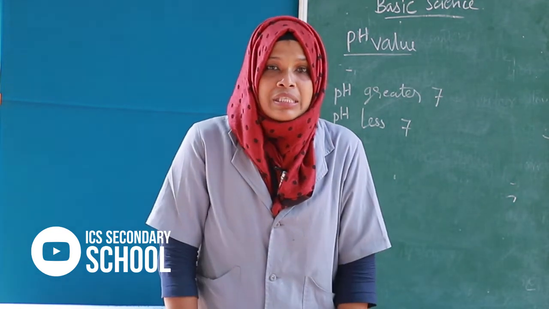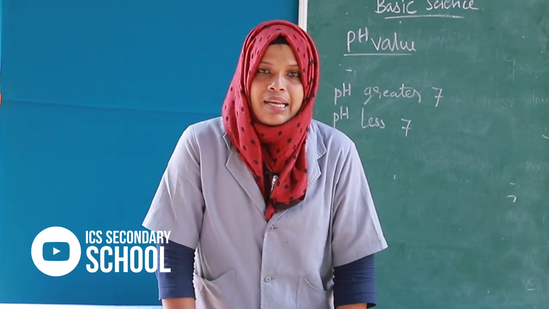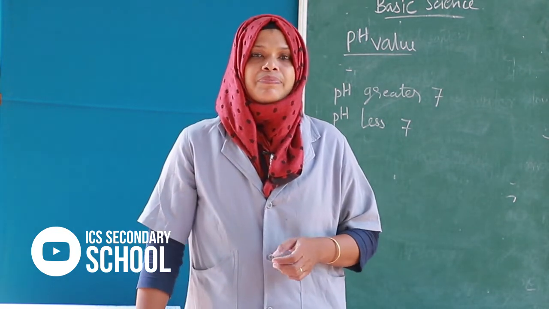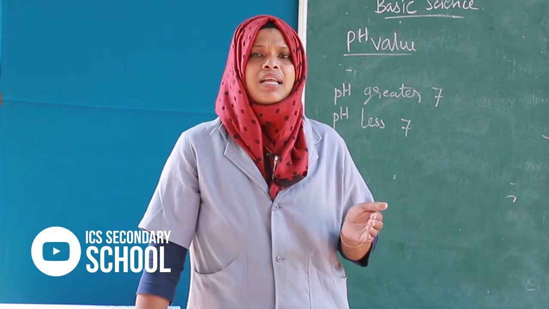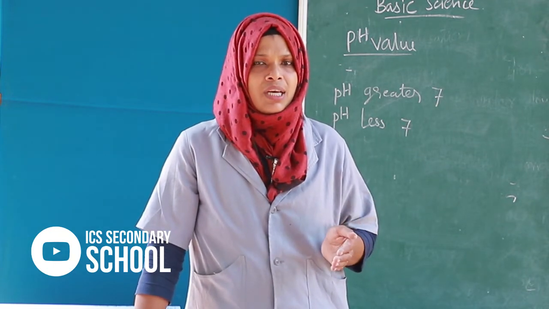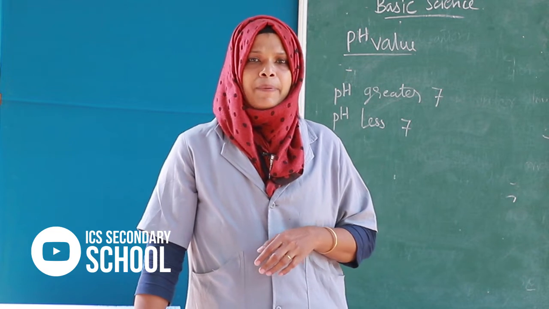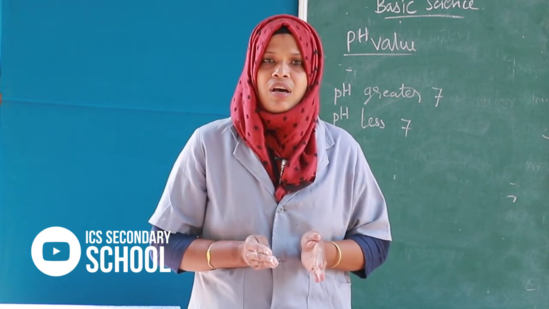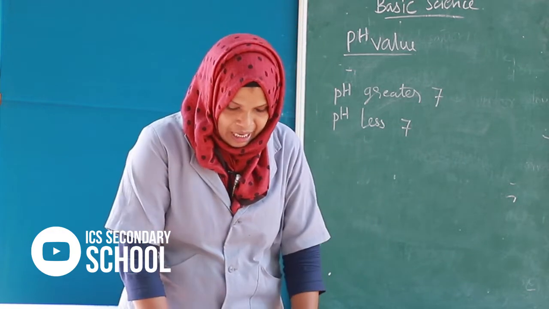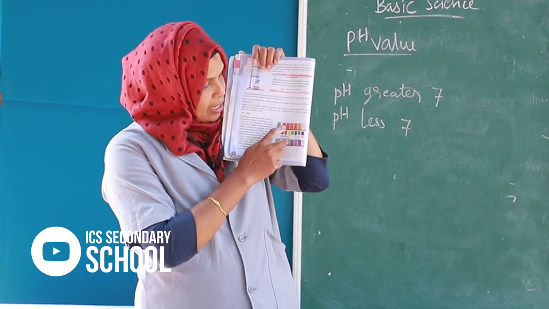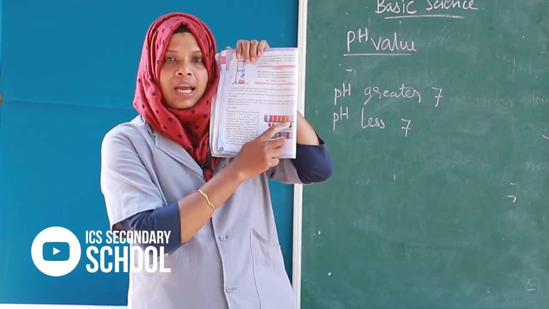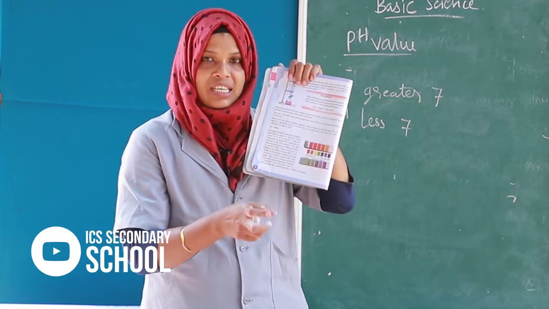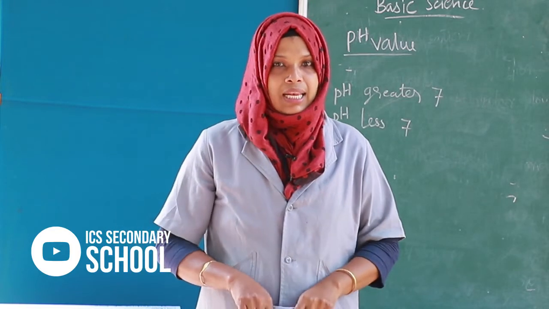First use the pH paper, dip it in the solution, then compare the color change of the pH paper with the pH chart, and you can find out whether it is acidic or alkaline.